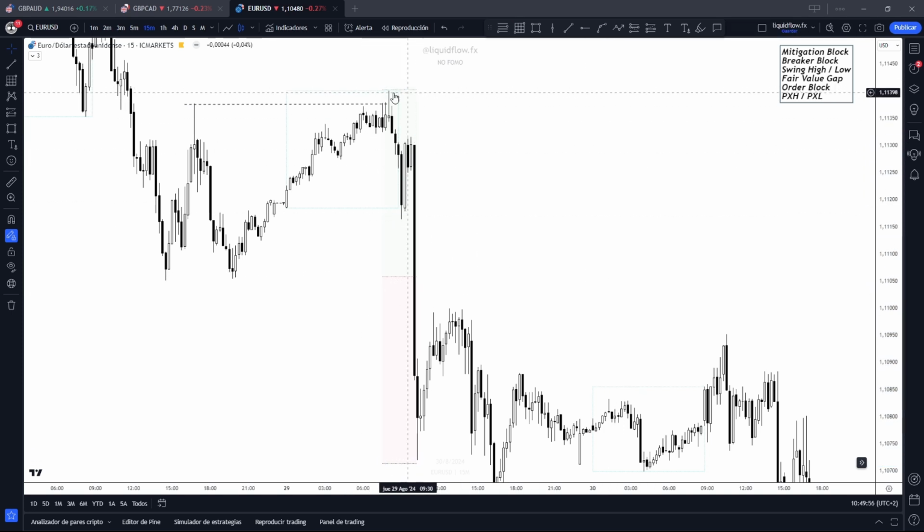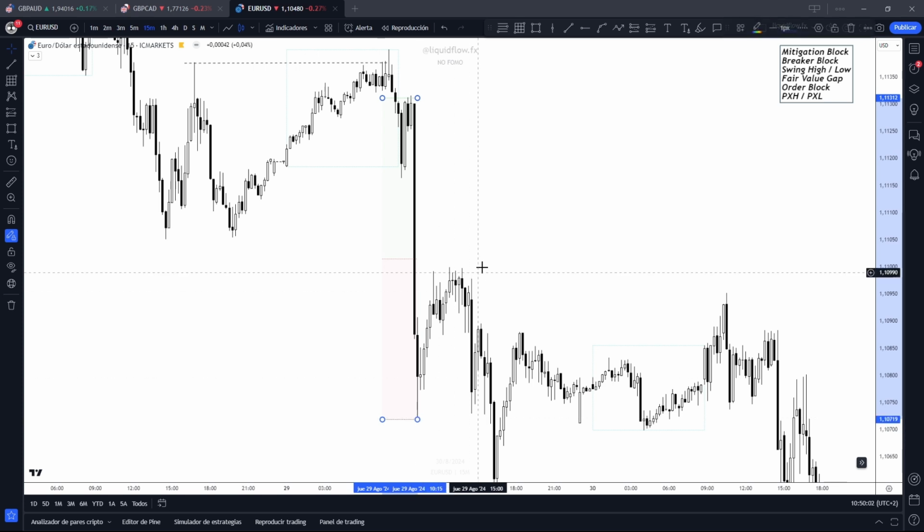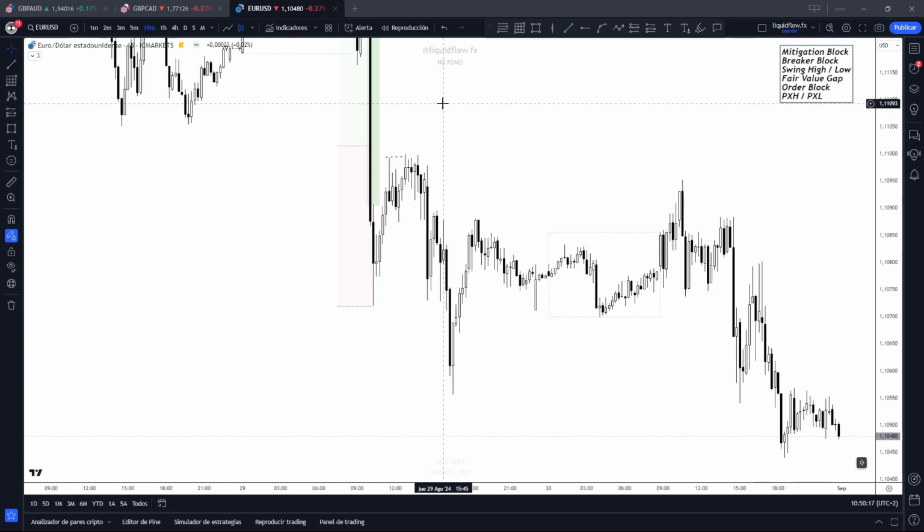I could say, this is how normal people see it, but I could say I could use just this one from here, right? And then where is my big reaction? In a fair value gap, and after the sweep of this swing high, now again I have a new movement.